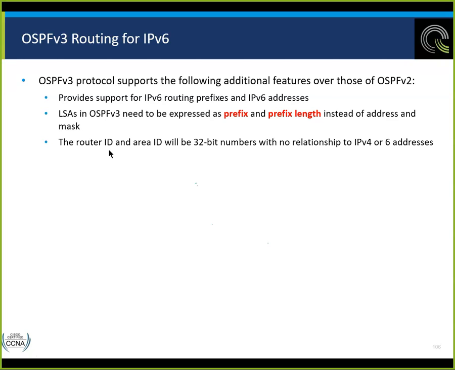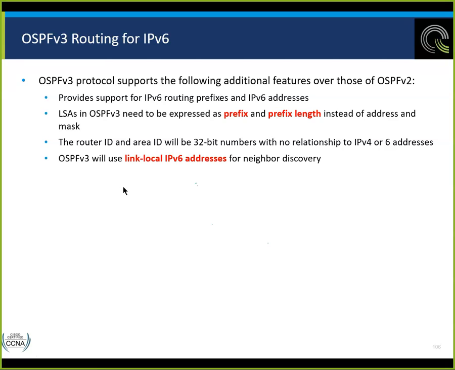The router ID: you do have to configure a router ID separately for OSPF for IPv6 because it doesn't have that 32-bit number it can use on the interfaces, and it's still going to be a 32-bit number. It looks just like the one that I configured in the demo. We'll use the link local IPv6 address for neighbor discovery.